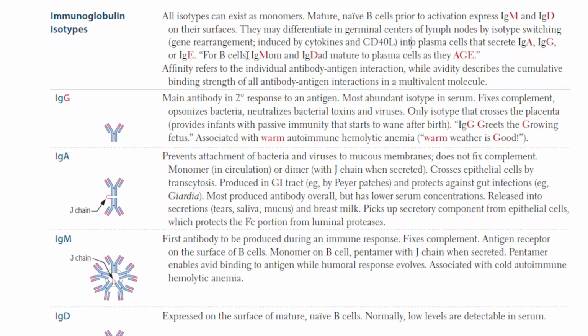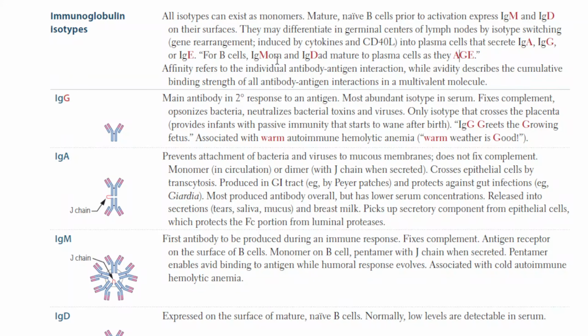For B cells, immunoglobulin M, let's say, is the mom, and immunoglobulin D is the dad, of those different kinds of immunoglobulin, and later they are going to age.